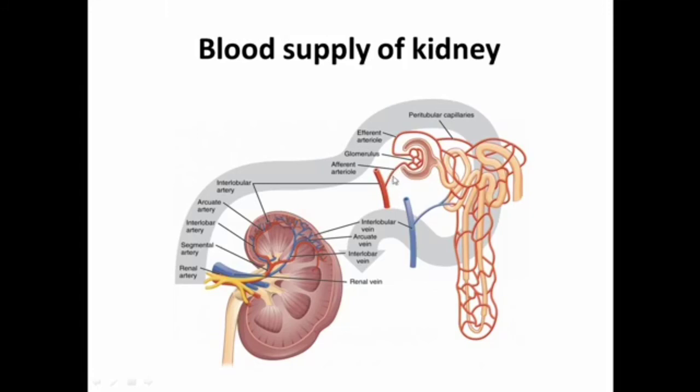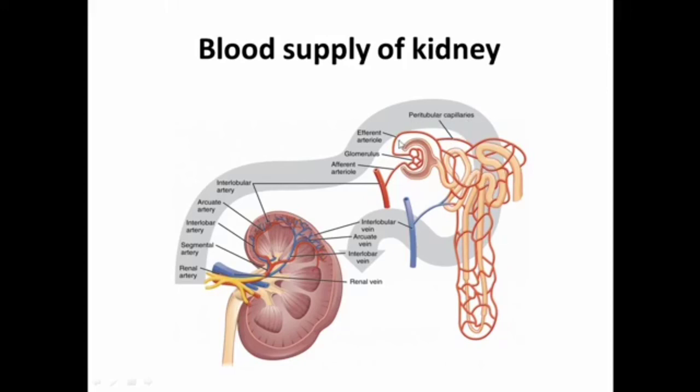Now this afferent arteriole is entering into the renal corpuscle, into the glomerulus, to feed these looped capillaries present as a glomerulus, and from these capillaries then arises an efferent arteriole, and then this efferent arteriole is going to join a plexus of capillaries. Those are called the peritubular capillaries.